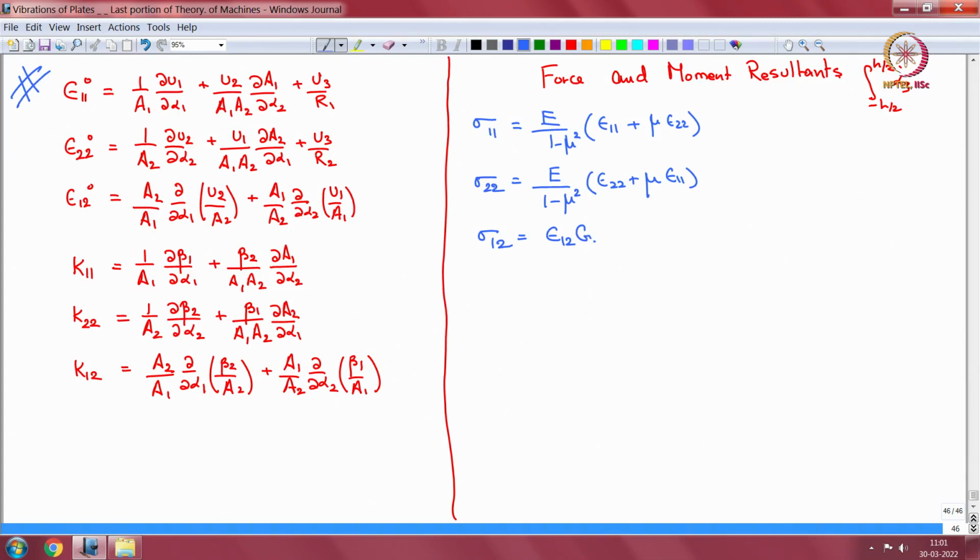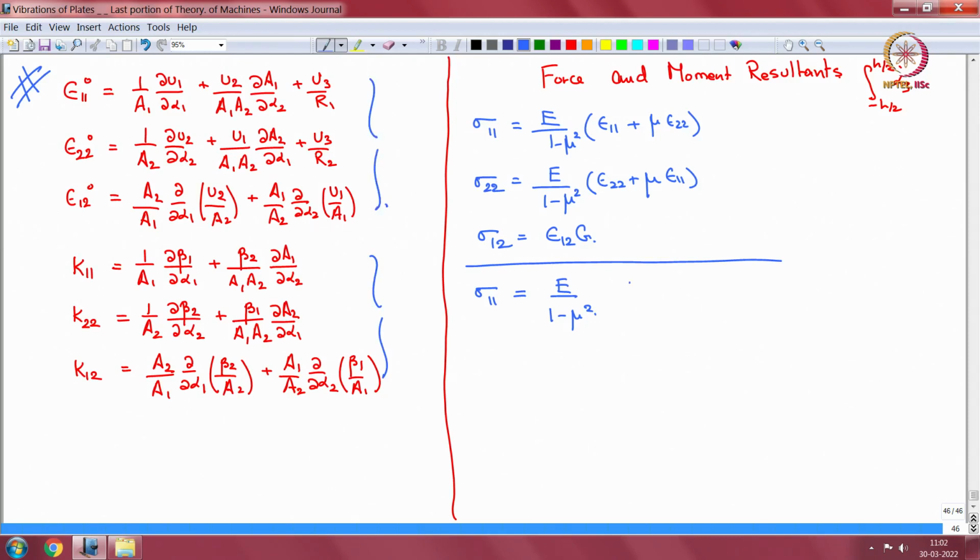Let us just take sigma 1 1. Okay, the sigma 1 1 now written in terms of mid-plane strains and bending strains, E by 1 minus mu square. Okay, we will call these the bending strains. We will call these the neutral mid surface strains.